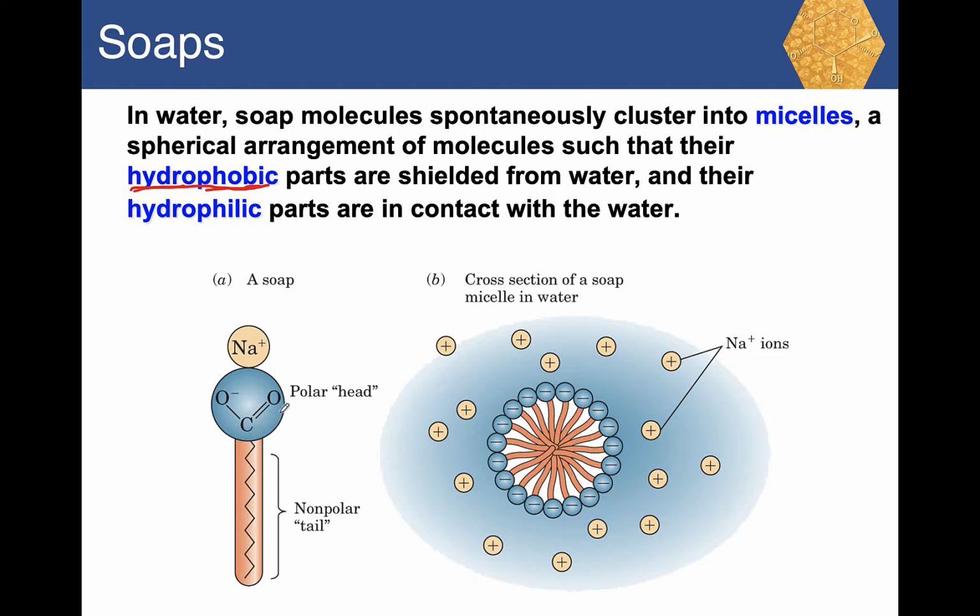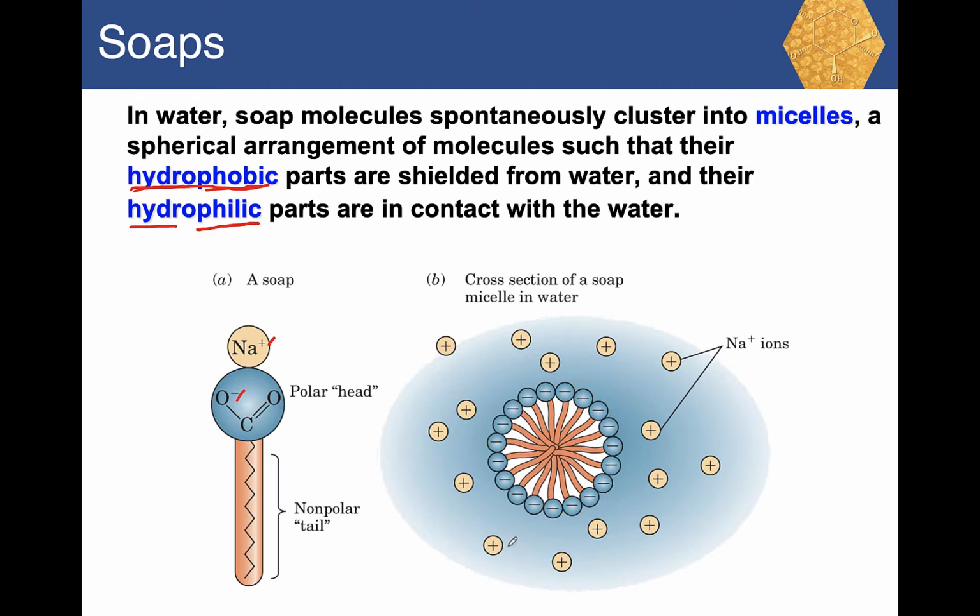This end here of the fatty acid salt is a salt, as you can see, a positive and a negative. Since it's ionic, it loves water. So this end is called the hydrophilic end. Philic means loving, and hydro means water, so this is the water-loving end.